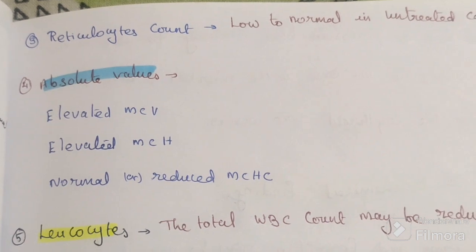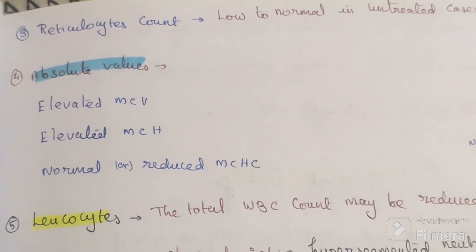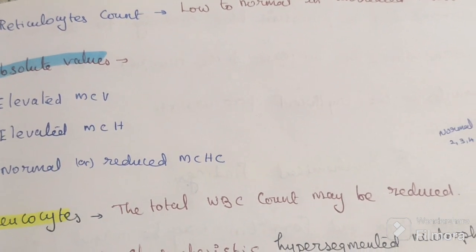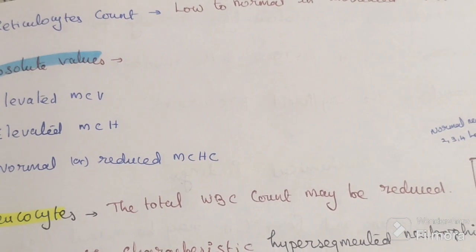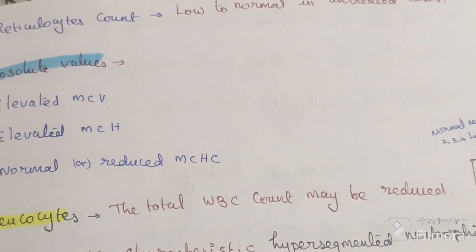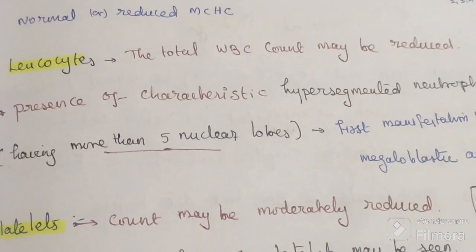MCH is elevated, above 50 picograms. MCHC is normal or reduced, because the hemoglobin content in the cell increases in proportion to the increase in the size of the RBC.